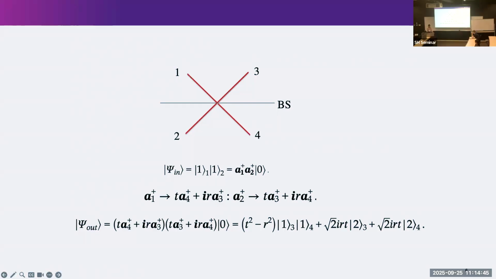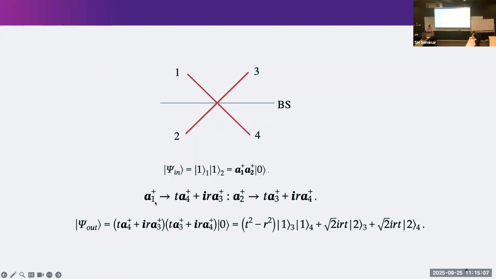So what happens is you have an input here to this beam splitter. You have 2 input modes, 2 input photons. So that's 1 photon in mode 1, 1 photon in mode 2. So it's just the path here, which is just the result of applying your creation operator. So you get this one.